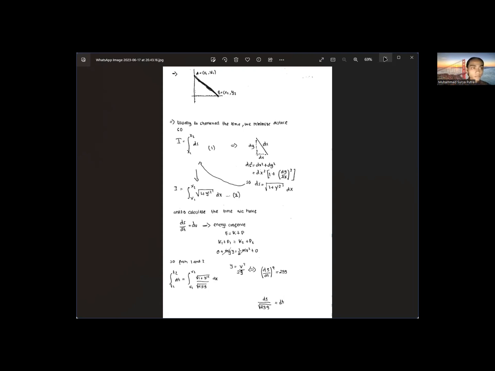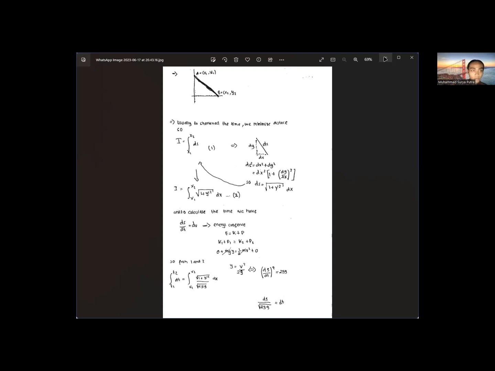So this is the origin function, and then we have the integral function, the curve function, which is the square root of 1 plus f(x), over the square root of 2 times y times the gravitational constant.